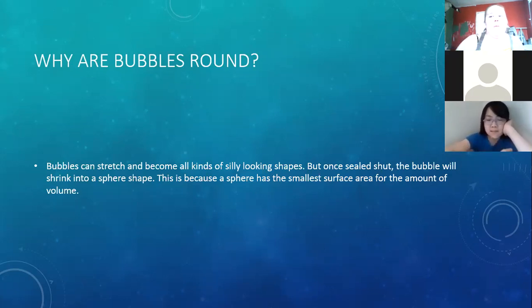But once the bubble is actually sealed shut, once you blow it, the bubble will shrink into that sphere shape, the round circular shape. And this is because a sphere has the smallest surface area for the amount of volume. That's why bubbles are spheres, because they're the smallest.